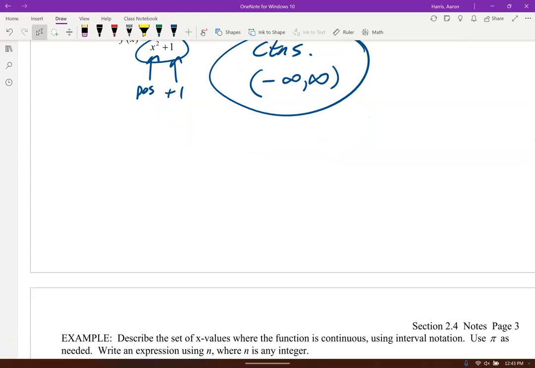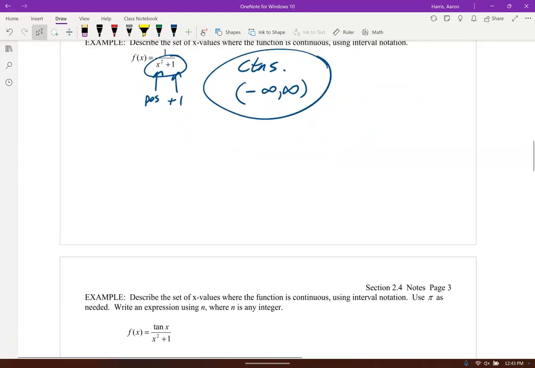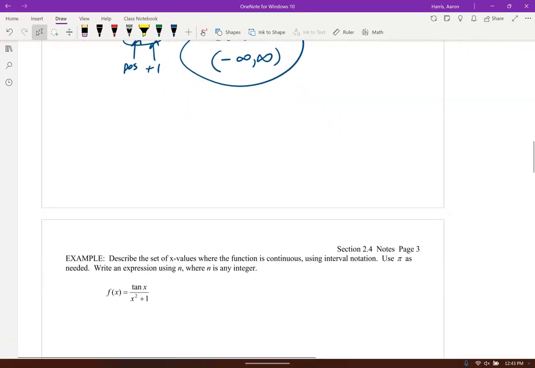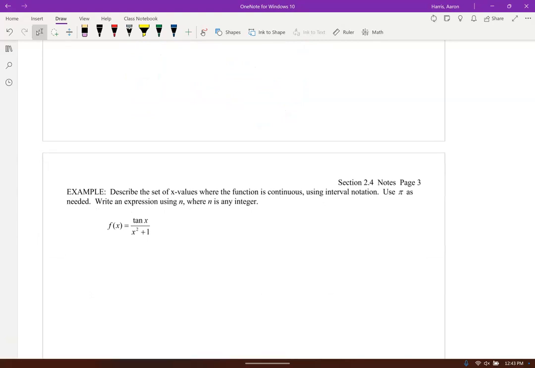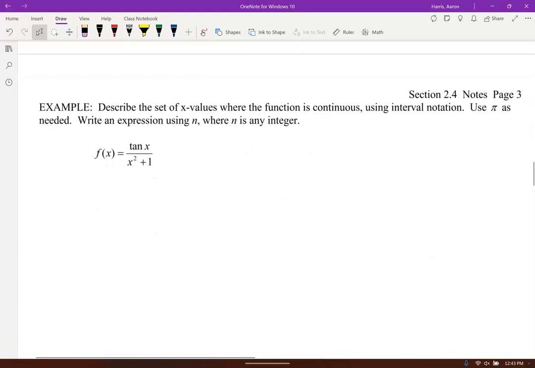But once we start getting into some trig down here, tangent of x, now we're going to have a little bit more to think about here. So let's go ahead and write this function in terms of sine and cosine. So I've got f of x equals sine over cosine, and then this is all over that x squared plus 1.